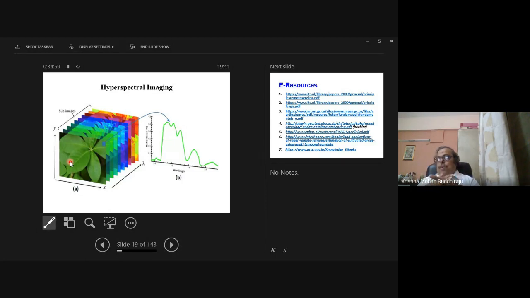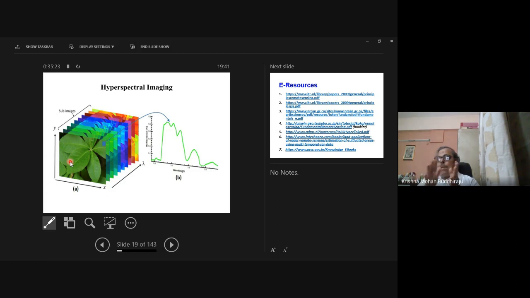As we go along, we'll try to address some of these things. But you have issues like, do you have sufficient labeled pixels for training your classifiers? Or do you have this curse of dimensionality? How do you cope with it? So there are a lot of issues.